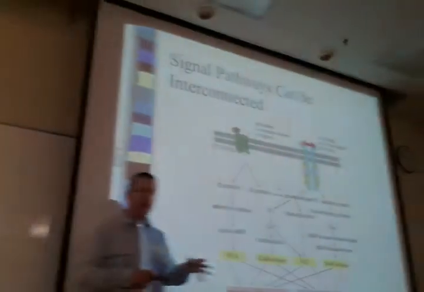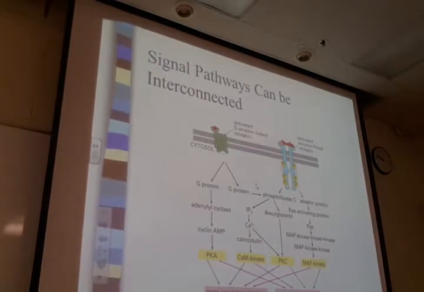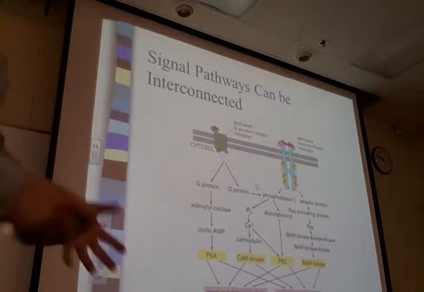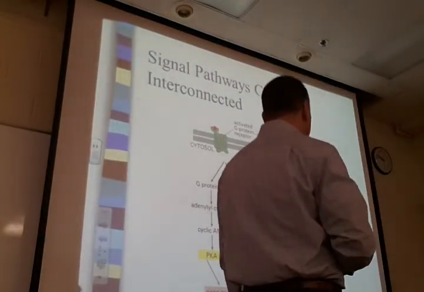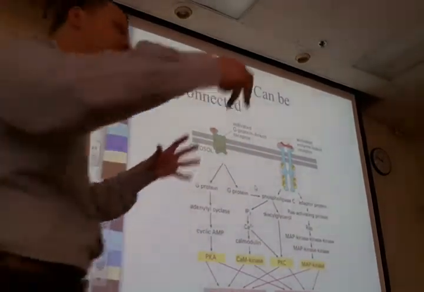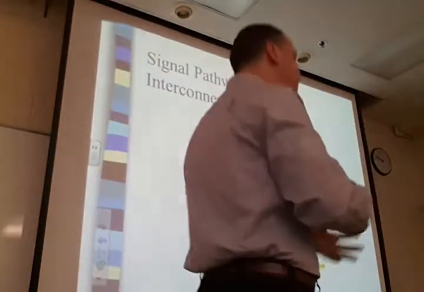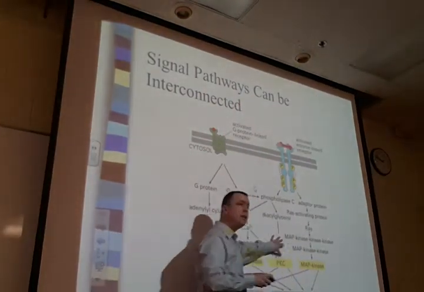And this slide is just showing us that very, very often in real live cells, different pathways are interconnected. So if you take my cancer class or my immunology class and we do some of these pathways in those classes, you see very quickly that what seem to be separate pathways are very often connected through common intermediates.